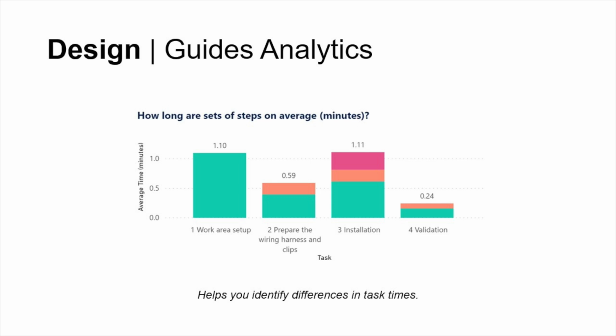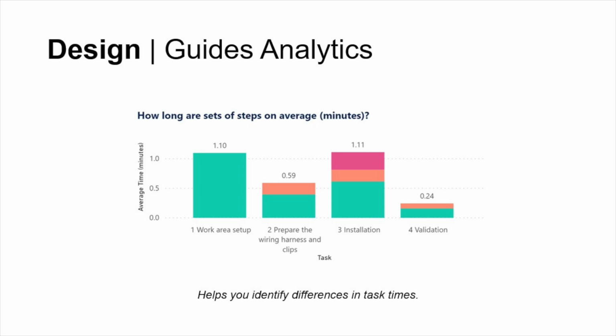And so taking inspiration from that, I built this report called Guide Analytics. In this case, what we're looking at is average completion time of individual tasks. A collection of steps is grouped together in something called a task in guides.